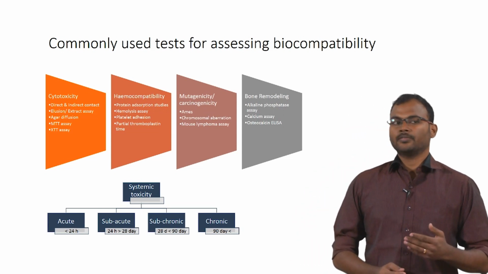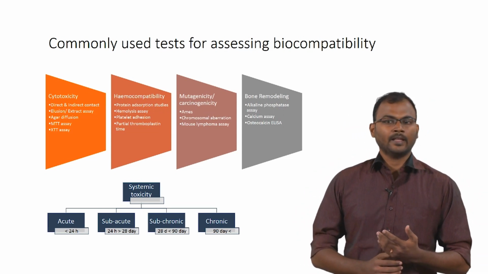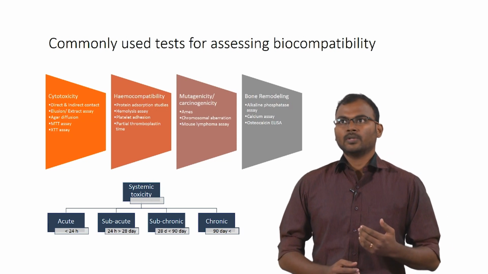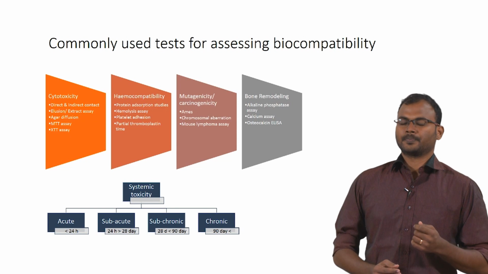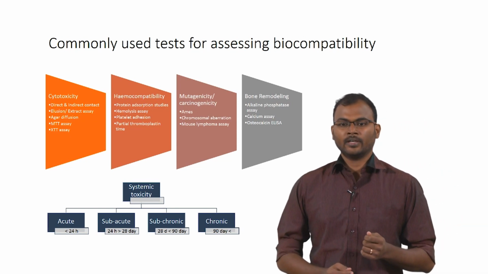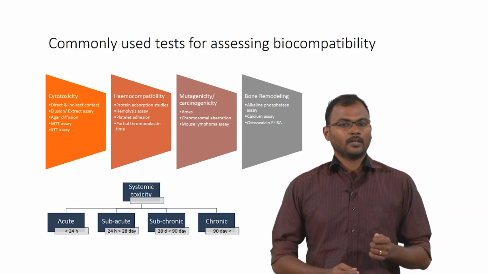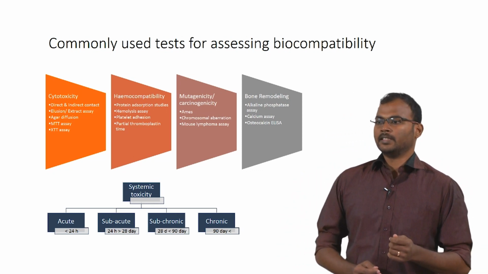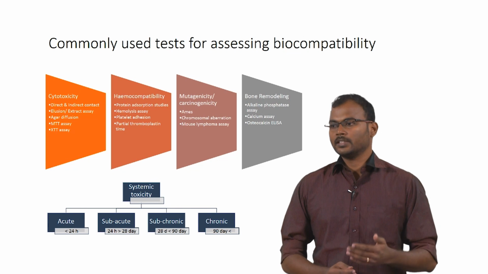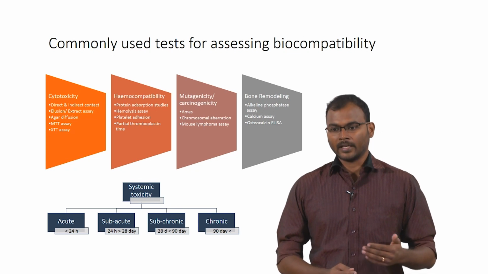The Ames test is a bacterial study, where a bacterium, usually a Salmonella species, is used. We have a mutant lacking the histidine gene. So, if there is no histidine supplied in the media, the bacteria cannot grow.